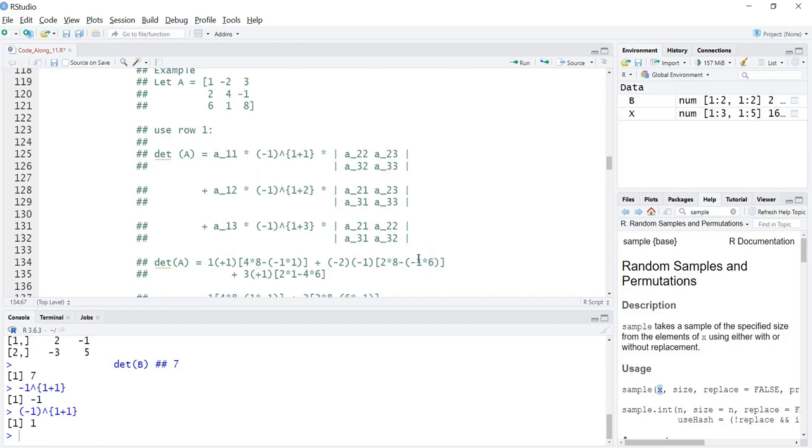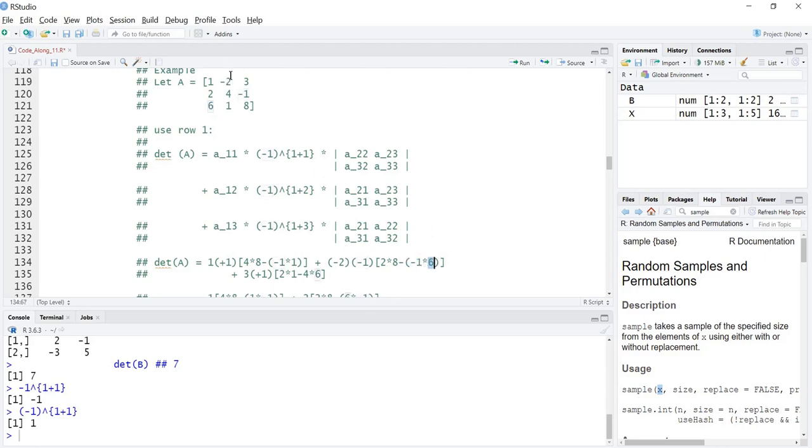I'm sorry, I put 8, but it was a 6. So this is the second one, which means we don't include the 4 or the 1. So we've got the 2 and the 6, the negative 1 and the 8. We take the cross diagonal, so 2 and 8, and then we subtract negative 1 and 6. That's what we've got, negative 1 and 6.